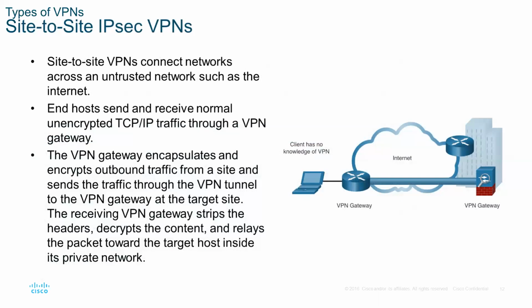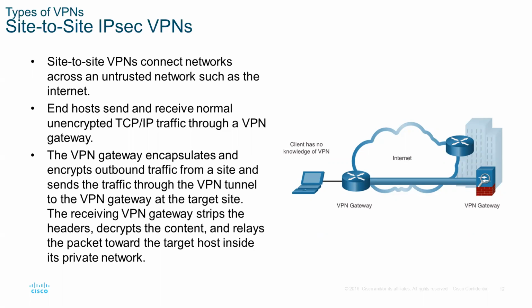As we've said, site-to-site VPNs connect two networks across untrusted infrastructure. Basically, we send unencrypted traffic through the tunnel. The gateway does the encryption and decryption.